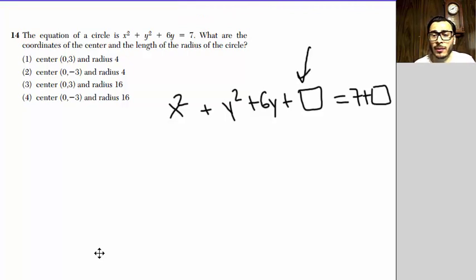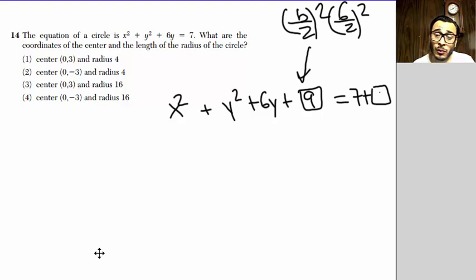All right, so what goes in the box? What goes in the box is b divided by 2 squared. B is the 6. So 6 divided by 2 is 3. 3 squared is 9. So I've got to put 9 here, and I'm going to have to do that on the right side also to preserve the equality of the equation. So I get x squared plus y squared plus 6y plus 9 equals 7 plus 9.